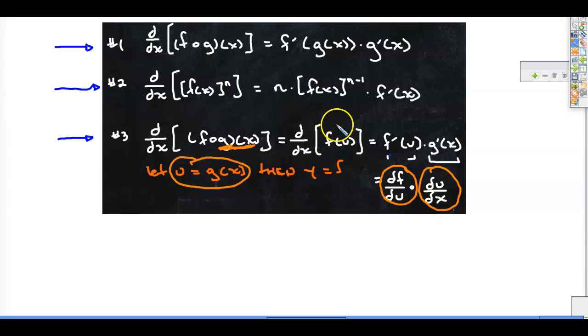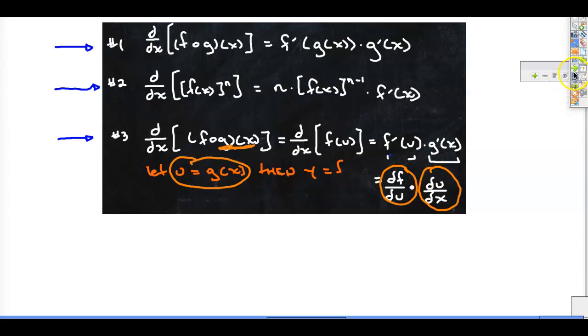And again, it is the derivative of the outside function evaluated at the inside function times the derivative of the inside function. But the derivative of the inside function now, because u was replaced with g of x, is du dx. And oftentimes, rookie mistakes is not following through using this definition, so I just wanted to recap on that.